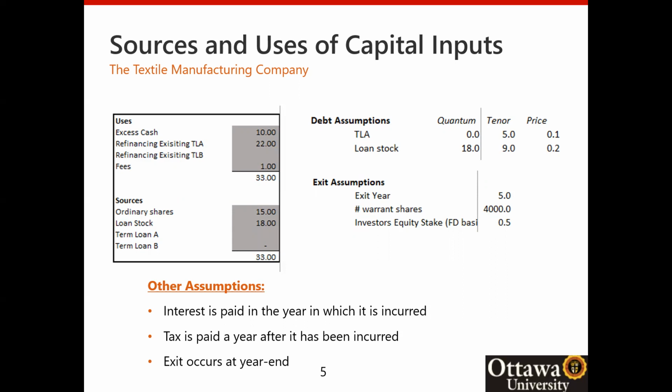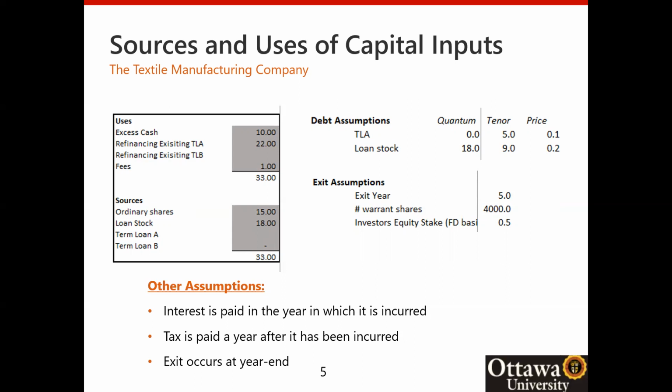The proposed investment is estimated at 33 million, and would be used to provide cash of 10 million to the business and pay out 22 million of the existing debt of 72 million. Pay transaction fees cost 1 million.